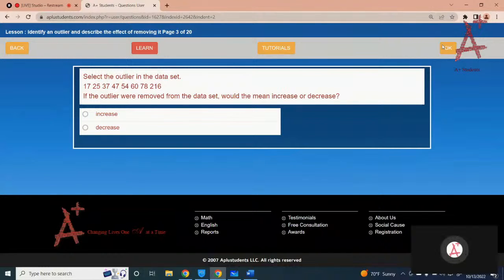When you remove 216, the mean of the data is decreased, because you're removing a greater value. It decreases the mean. So select the correct option and click on the OK button.